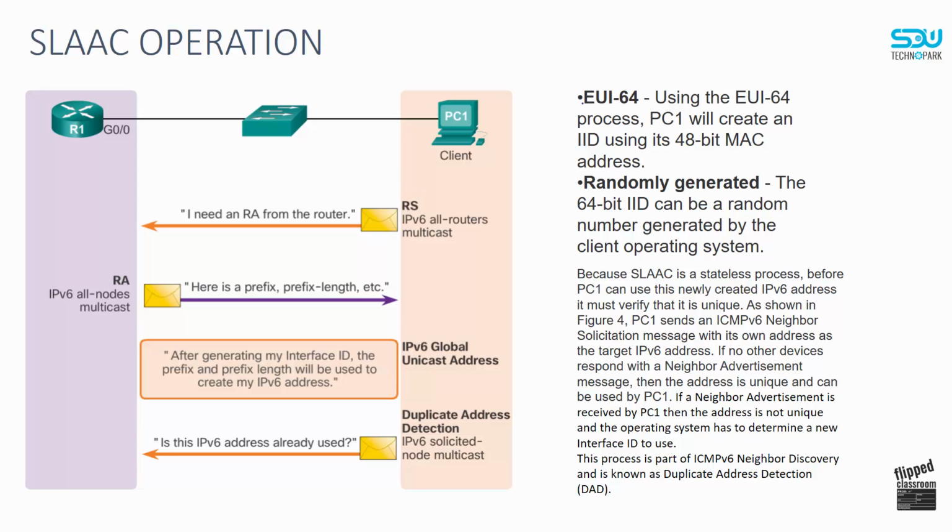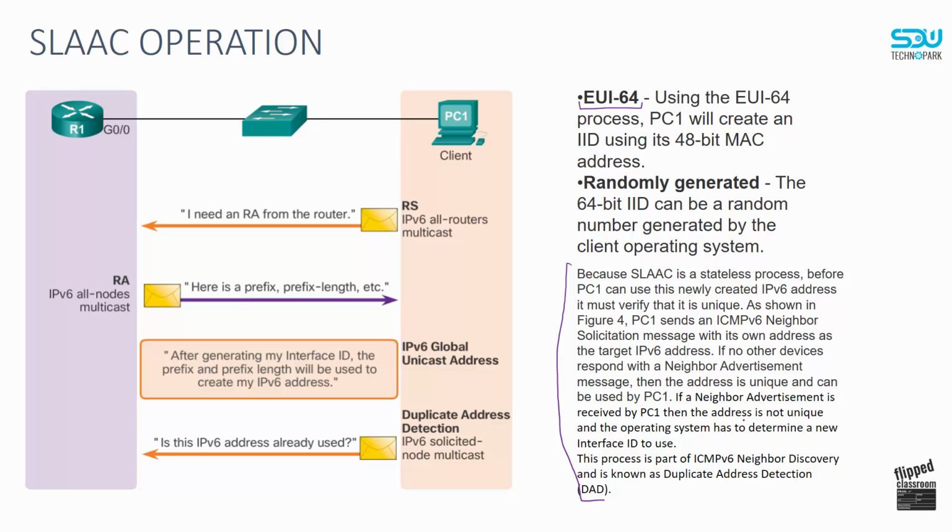And as you see here, we have some information about EUI. And actually, I think that everything which is described here, I described in the previous slide. But we have to see here that if a neighbor advertisement is received by PC1, then the address is not unique.